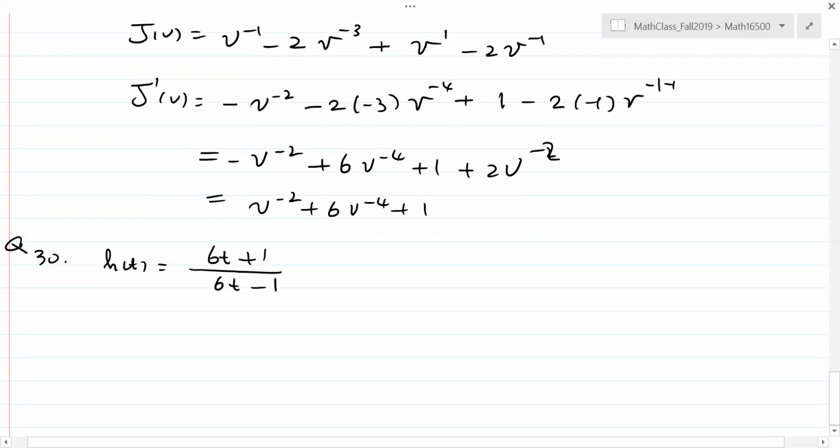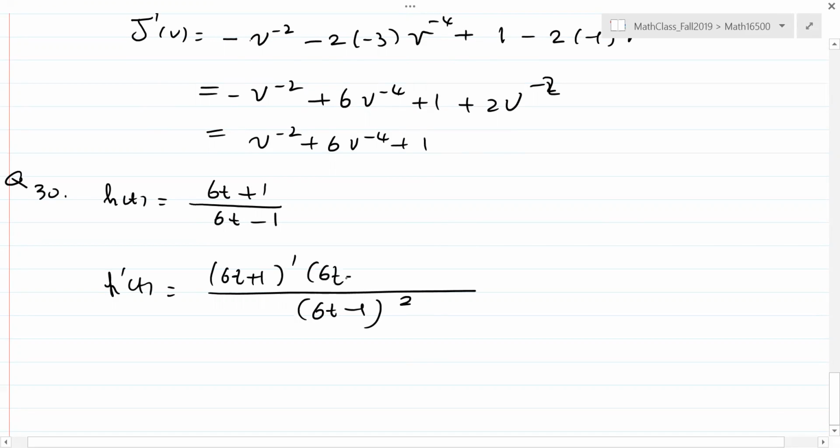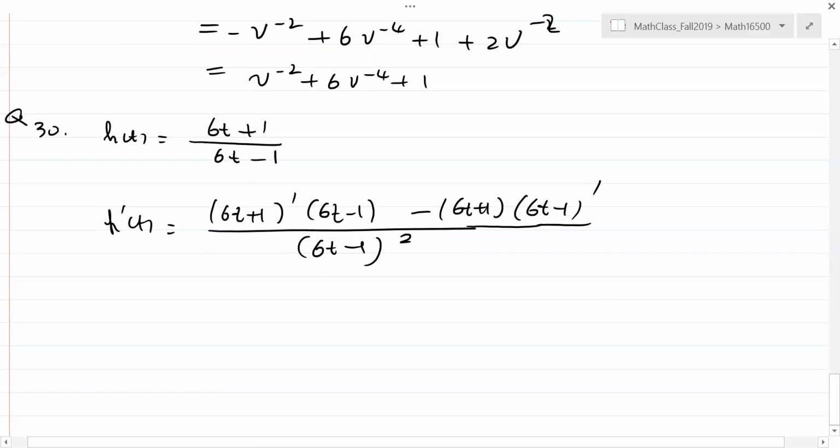Find the derivative. Now we have to use the quotient rule. We are forced to use it. Okay, no choice. So very first step, you write down the derivatives for this. Minus 6t plus 1, 6t minus 1, the derivative. So 6t plus 1, the derivative is 6.